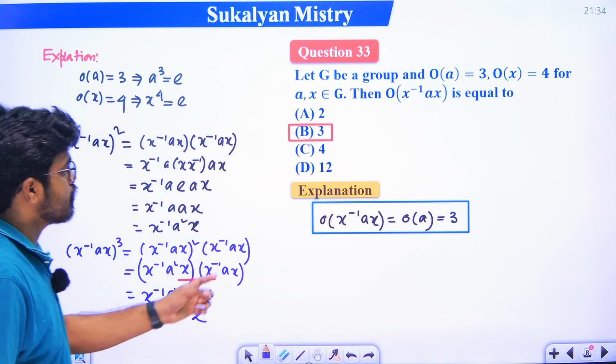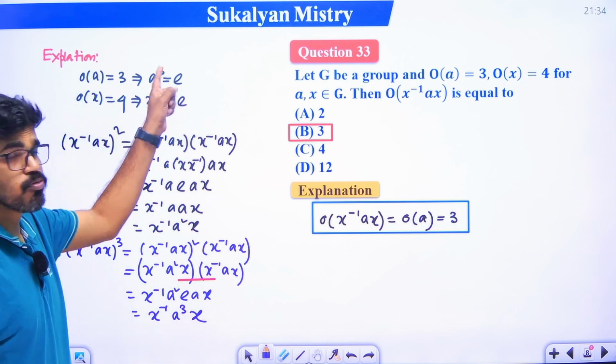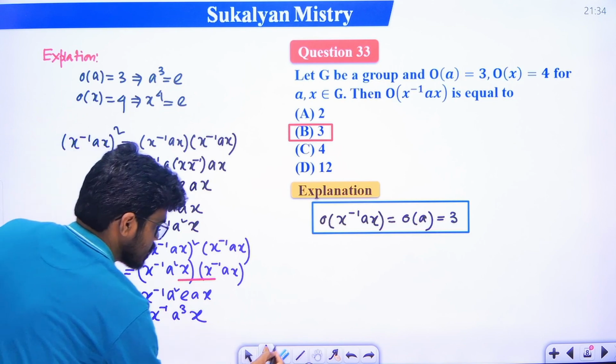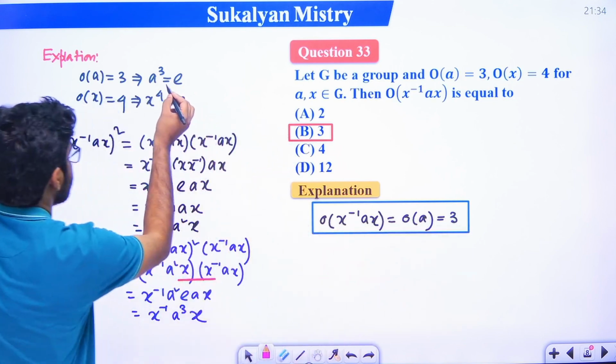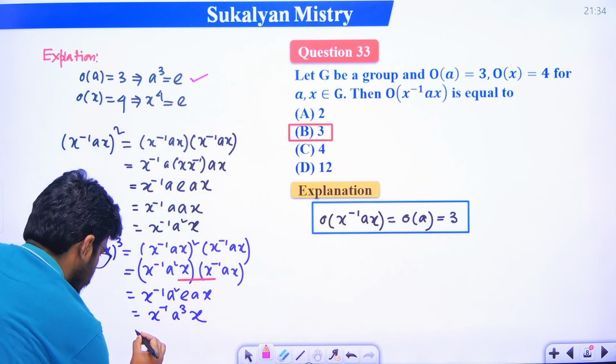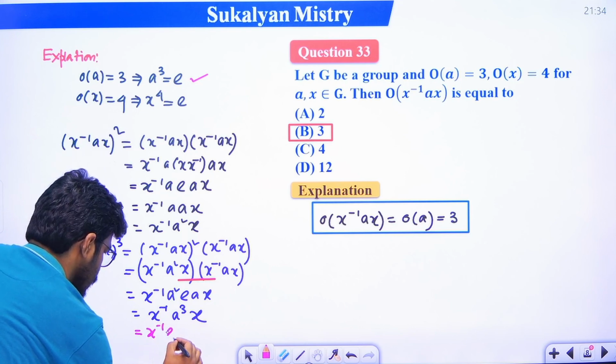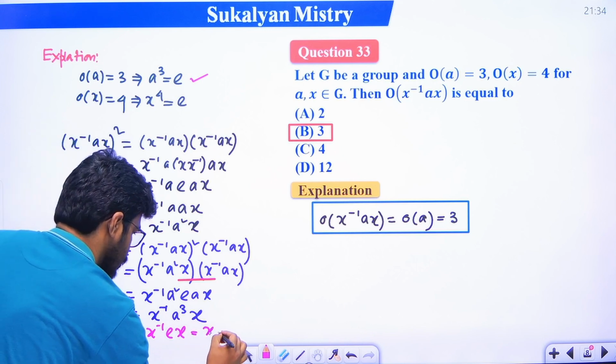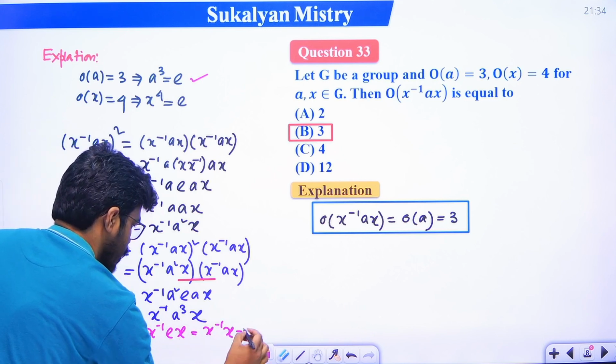Now it is given that a cube is basically e. What is given, a cube is e, that means x inverse e x, e into x, that means x, so x inverse x, that is e.